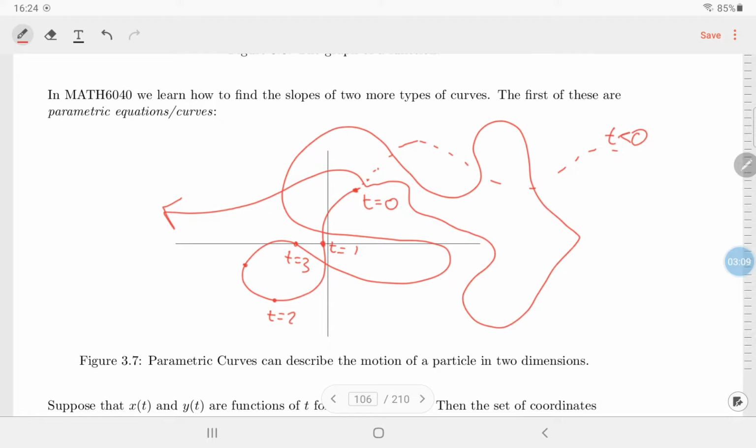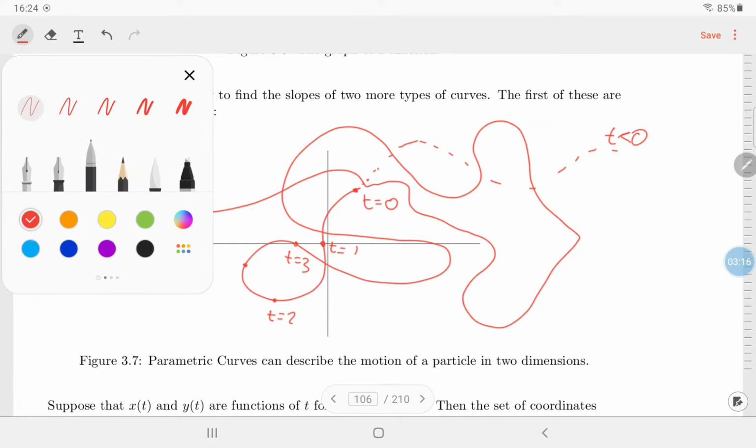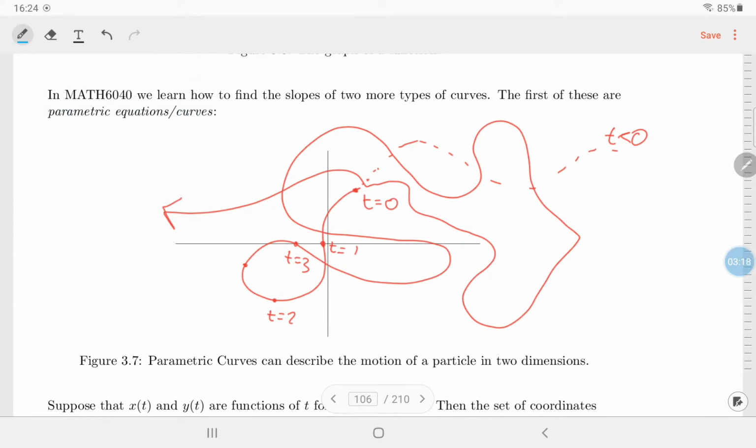Okay, that's the way I want you to think about a parametric curve. But what you're going to have is that at every point, the x coordinate is a function of time, and the y coordinate is a function of time. So, for example, if you go to t equal to 4 here, there's going to be some function for x, which you input t equal to 4, and you'll get the x coordinate there.